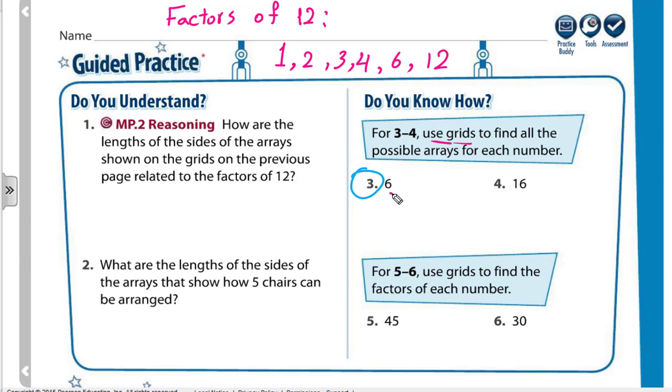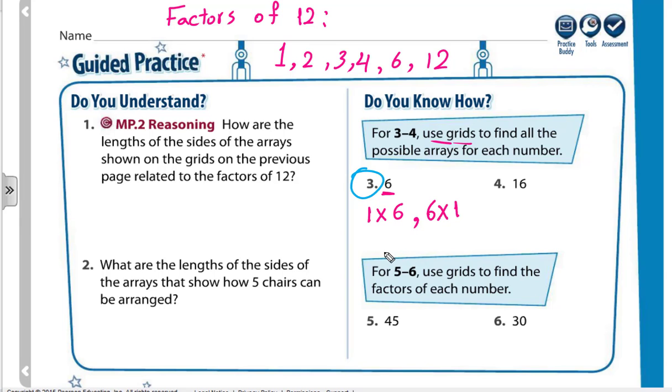Now, Khalifa, what two numbers can you multiply to get 6? Start with 1. 1 times what? 6. Yes, and here we can use one row of 6 squares. And we can change places, so it will be 6 times 1.